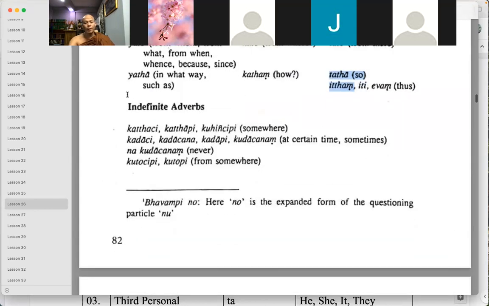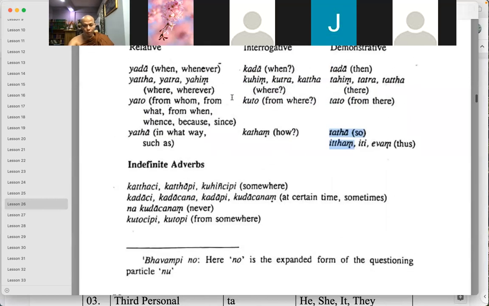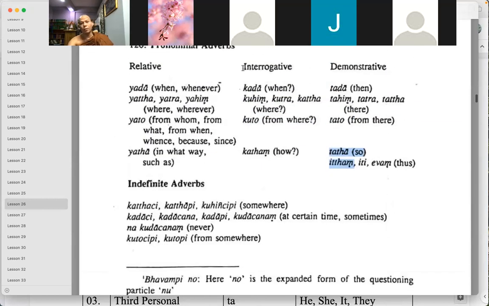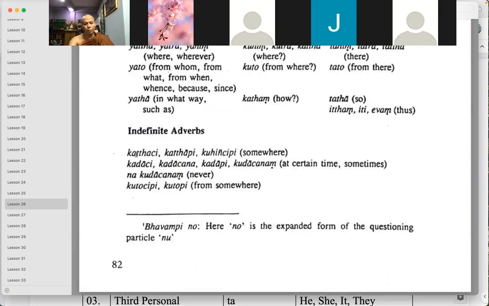And now the indefinite adverbs. Indefinite adverbs are formed from the interrogative adverbs by adding the indefinite particle chit. To kutra, which means where, by adding chit, kutrachit, somewhere. And kuha chit, somewhere.